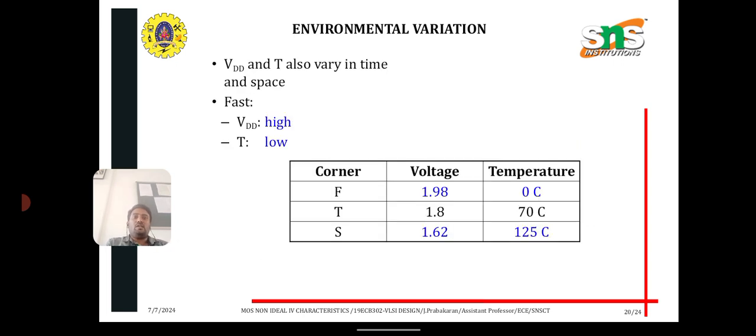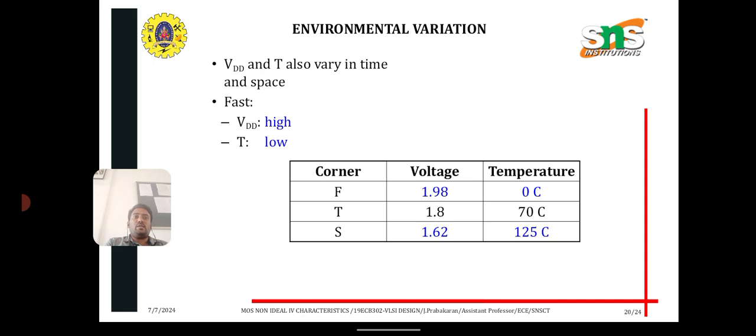Environmental variation, which impacts MOSFETs. Temperature variation: as previously discussed, temperature variation can affect threshold voltage, carrier mobility, subthreshold slope, leakage current, and overall performance.